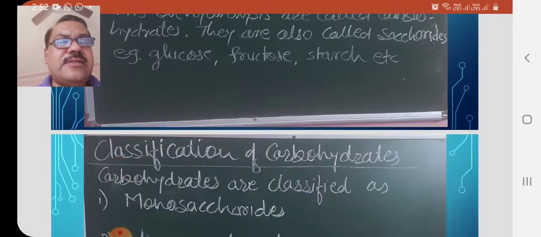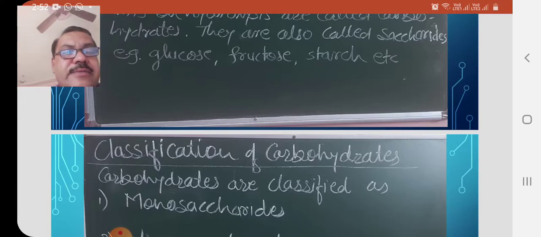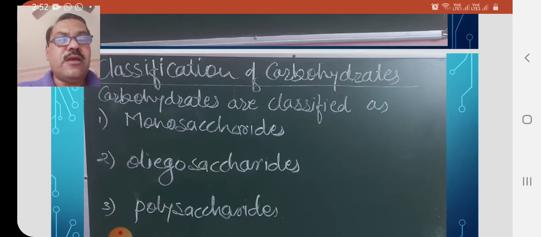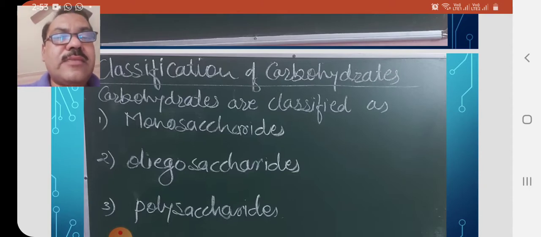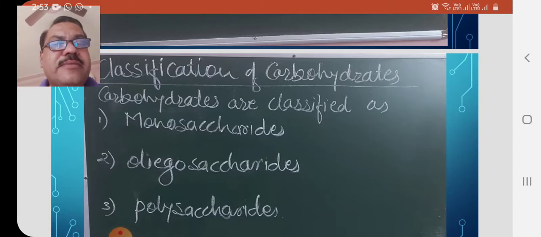Now let us study the classification of carbohydrates. Carbohydrates are mainly classified into three groups: monosaccharides, oligosaccharides, and polysaccharides. Mono means one, it has one basic unit, which cannot be hydrolyzed.